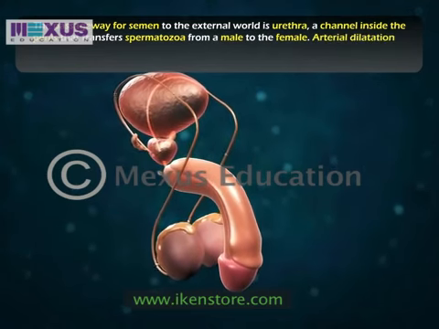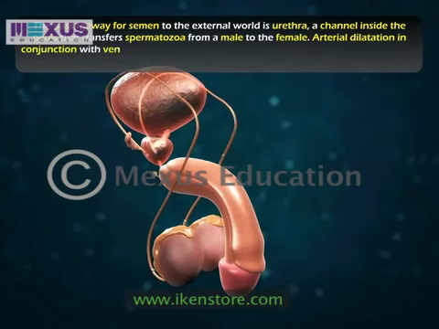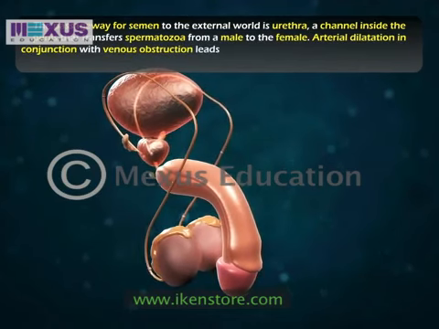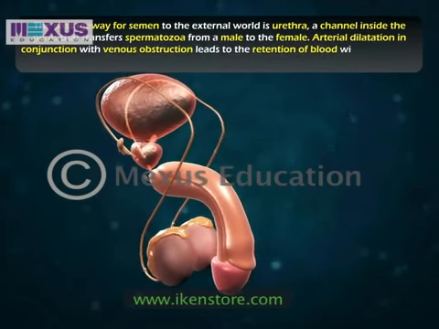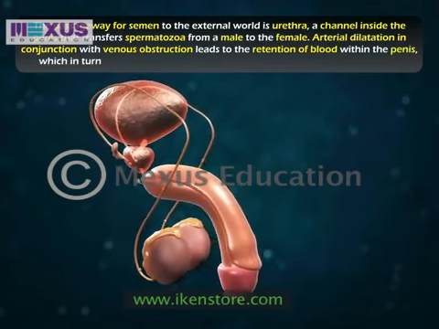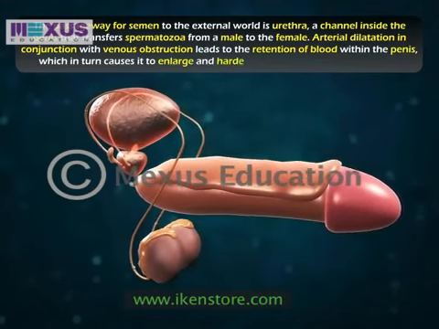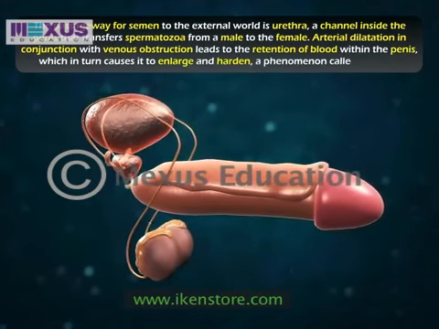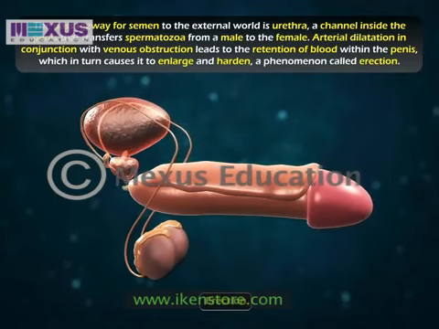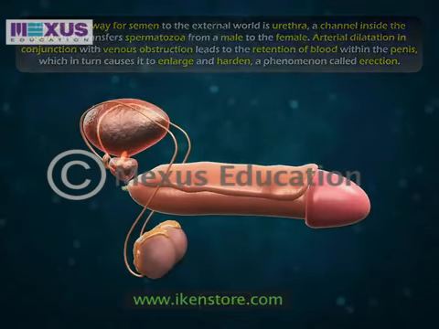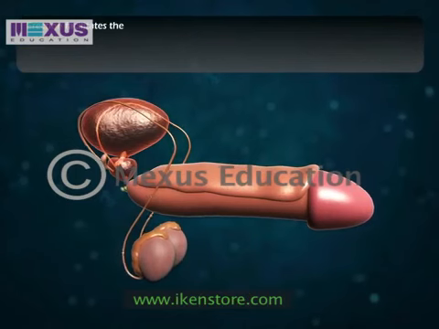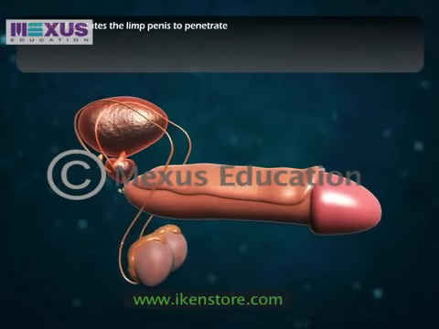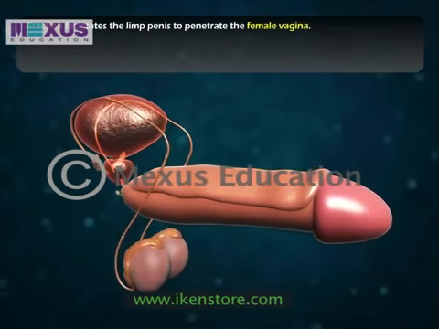Arterial dilation in conjunction with venous obstruction leads to the retention of blood within the penis, which in turn causes it to enlarge and harden, a phenomenon called erection. Erection facilitates the limp penis to penetrate the female vagina.